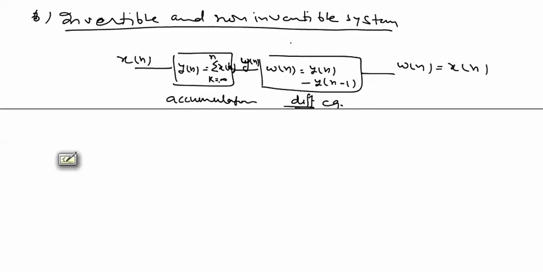It is called an inverse system. If an accumulator and a difference equation are combined in a system, the result will be the same as the input at the output. This system is called an invertible system.